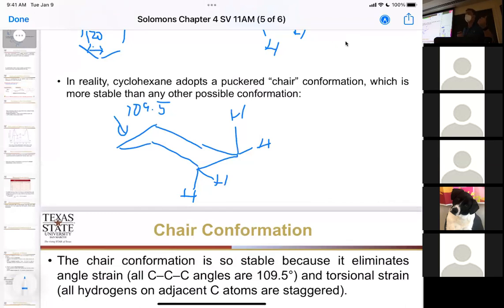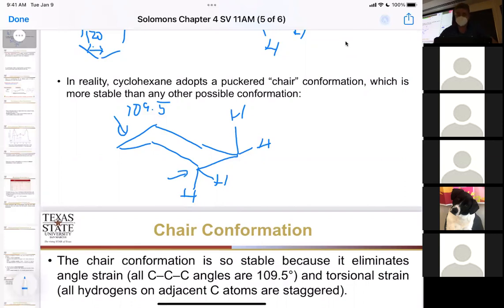The most is cyclopropane because of the 60-degree angle, the least is cyclohexane. So when we look at this, all of the hydrogens are staggered and the carbons are gauche to each other if we look down a straight line and draw a Newman projection, which we will do.